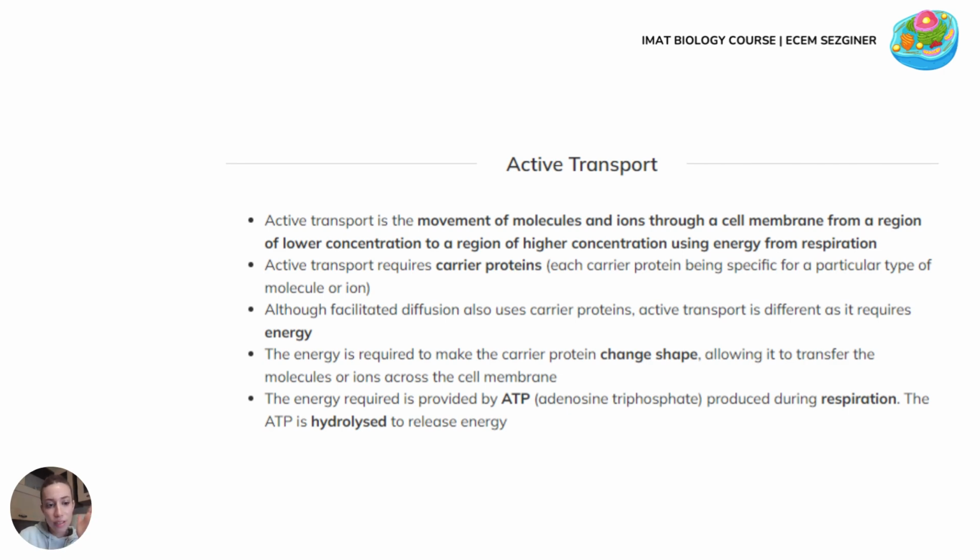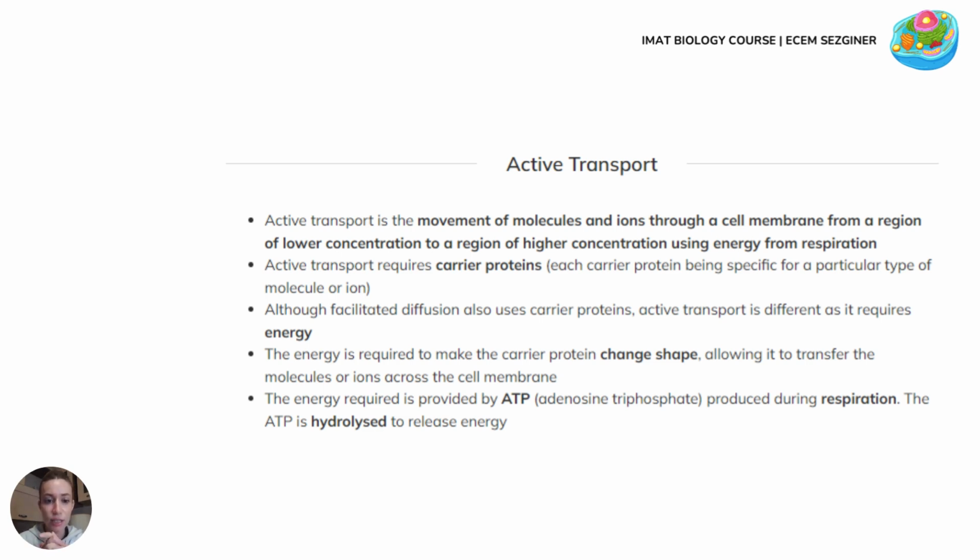For active transport, ATP is not the only thing that we have to use. We have to use carrier proteins, and each carrier protein will be specific for particular molecules or ions. It's very similar to facilitated diffusion using carrier proteins. However, in this case, we are working against the concentration gradient, and therefore we require energy.